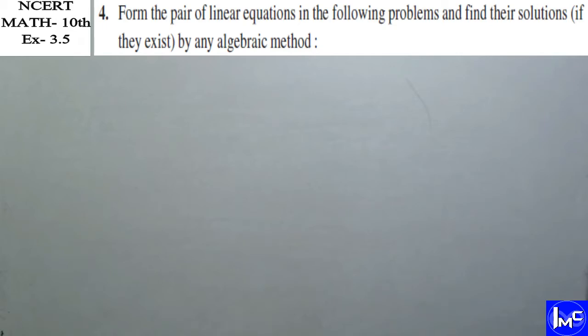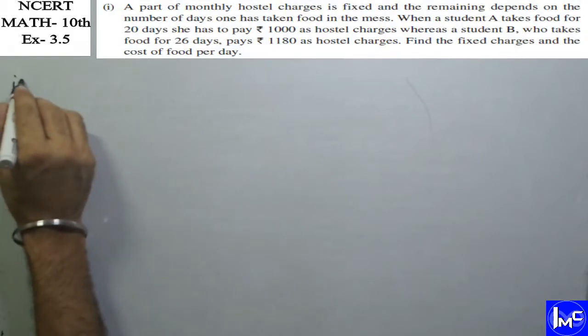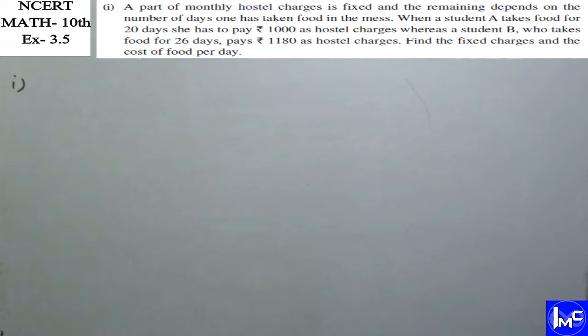They are saying by any algebraic method, but we will use the elimination method because we are already discussing the elimination method in this exercise 3.5. The first part of this question is: a part of monthly hostel charges is fixed and the remaining depends upon the number of days one has taken food in the mess.